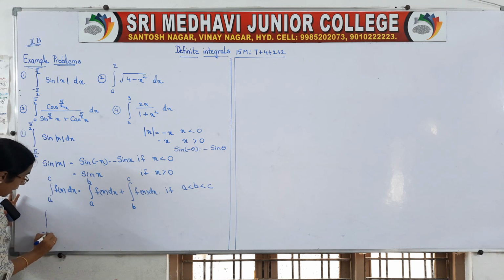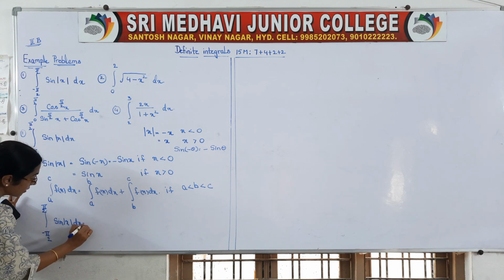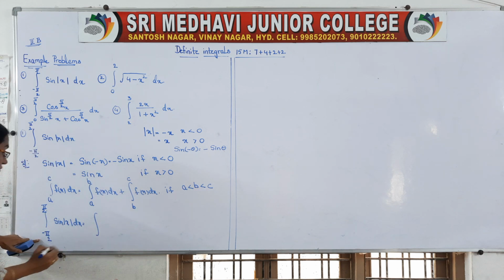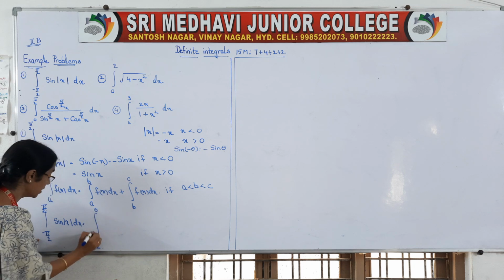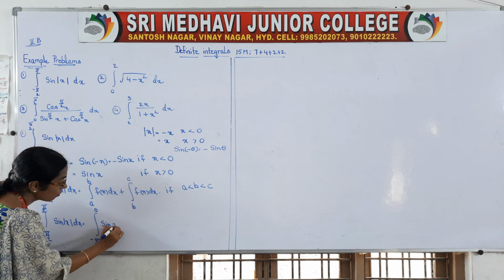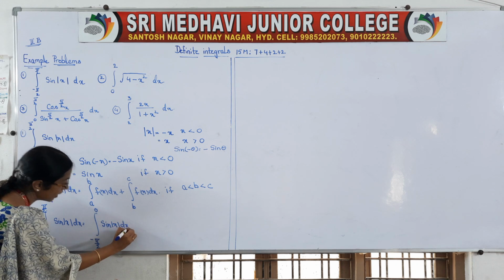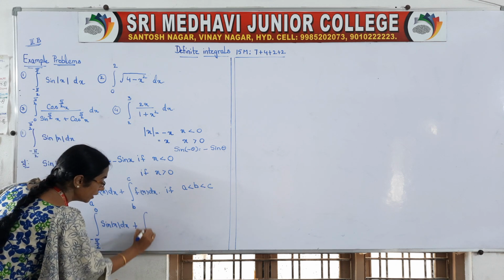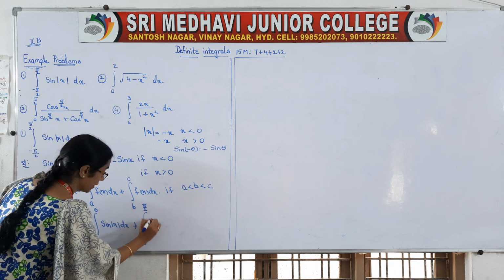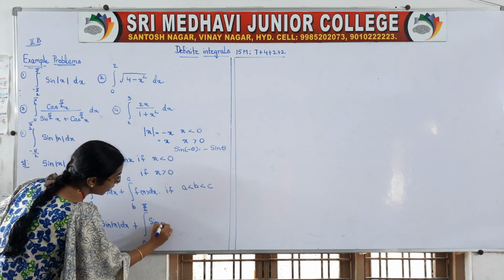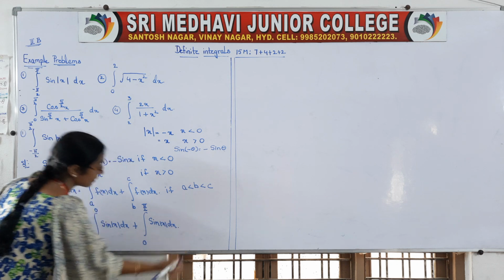Integral from minus pi by 2 to pi by 2 of sine of mod x dx is equal to, first we will take integral from minus pi by 2 to 0 of sine of mod x dx plus integral from 0 to pi by 2 of sine of mod x dx.